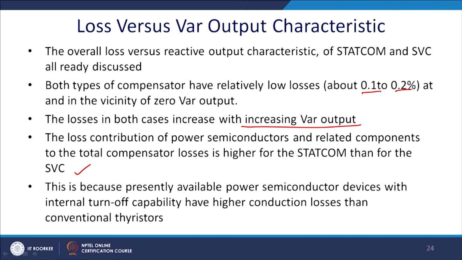This is because presently available power semiconductor devices with the internal turn-on capability have higher conduction loss than the thyristors, but we now have materials coming, like silicon carbide and all those things. There, this situation may change soon. Also the switching losses with the forced current interruption tend to involve more loss than the natural commutation.